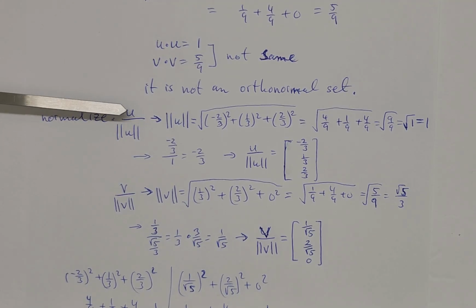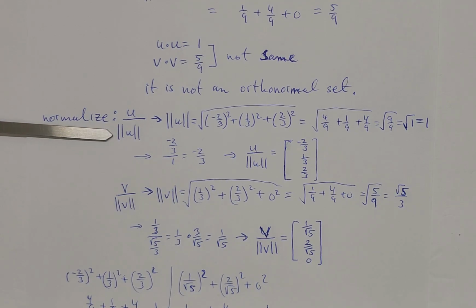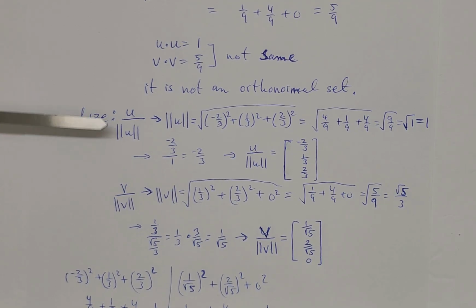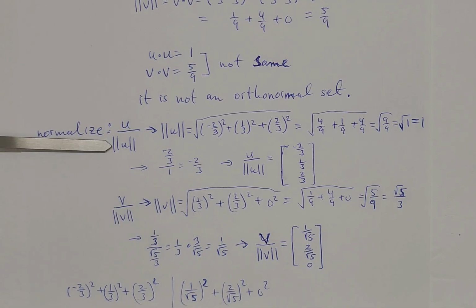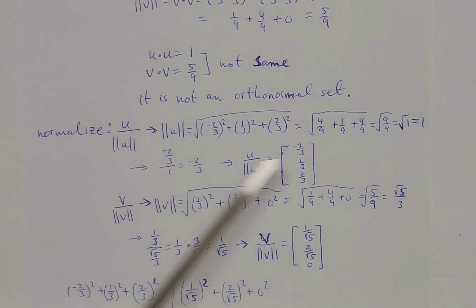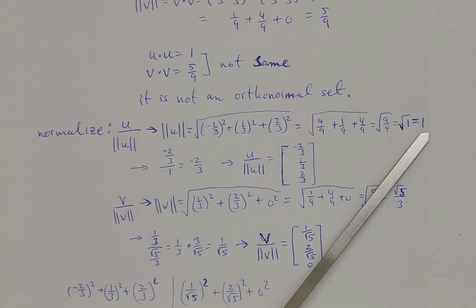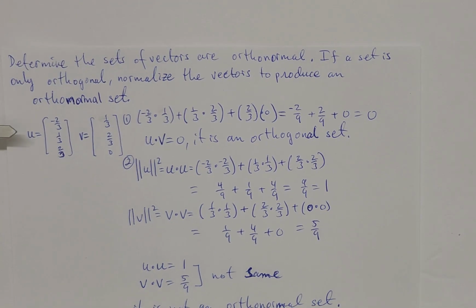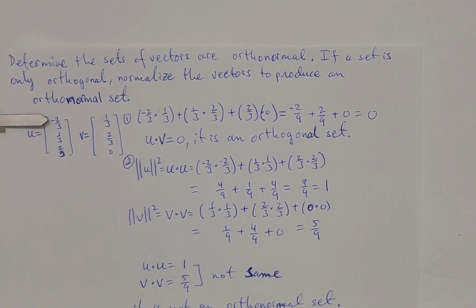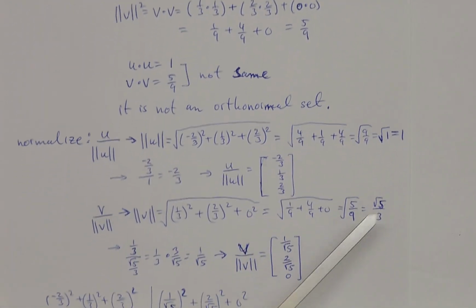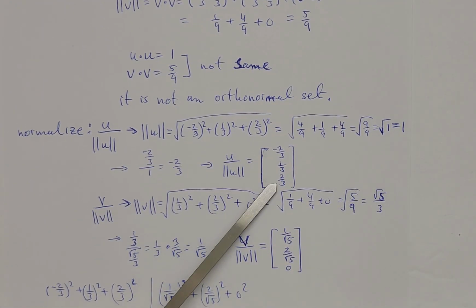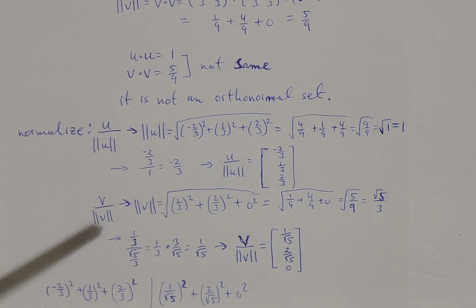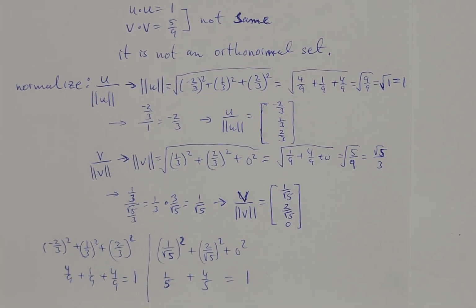You're going to take every term of U and divide by this. Whatever that came out to be, it came out to be 1. So all of these terms divided by 1 come back to themselves. Repeat that process again for V.